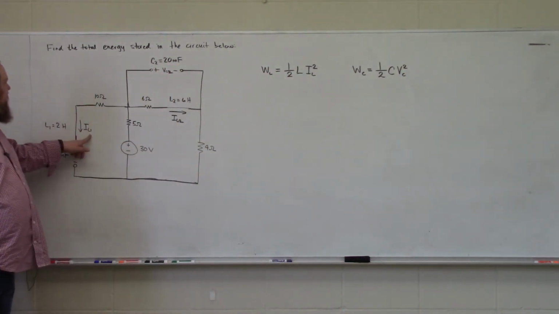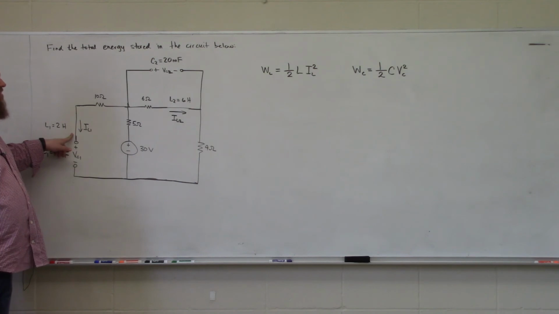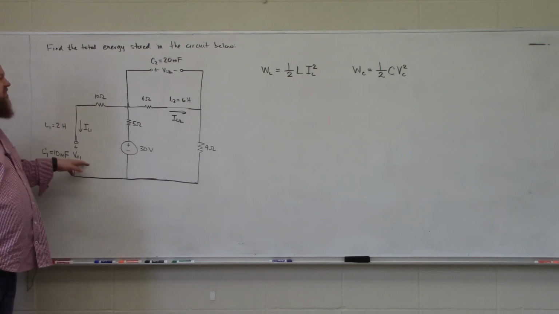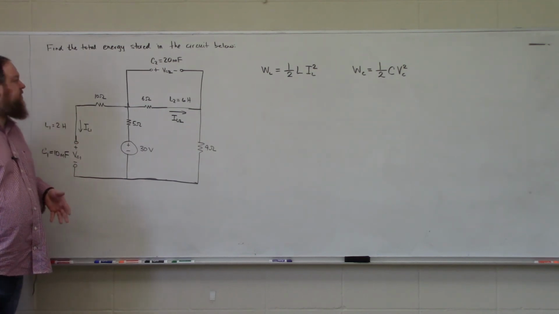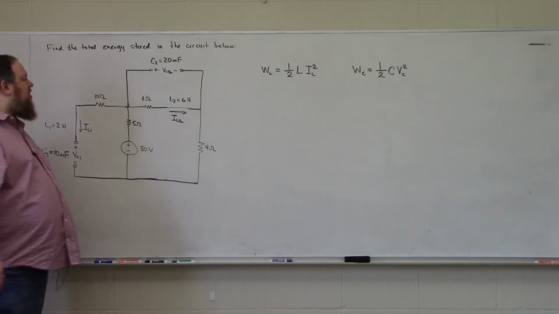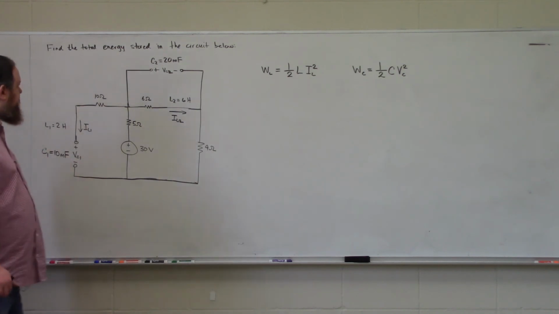So if I can figure out this current, I can easily determine how much energy is stored by this inductor. If I can determine this voltage, I can easily determine how much energy is stored by this capacitor. And the same thing for our other inductors and capacitors in the circuit.